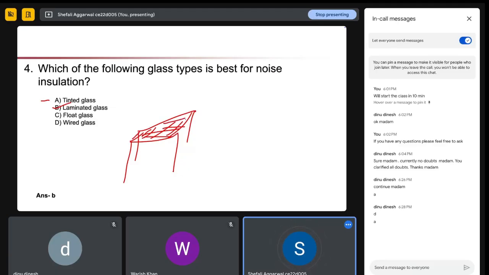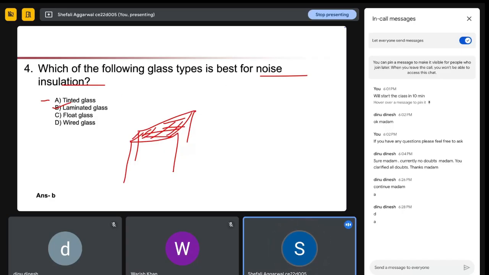Okay, so this sheet can be made of plastic, like in the case of bulletproof glass. It can be made of air, like low E glass, or if we talk about noise insulation, it can be of sponge or thermocol type material, not exactly thermocol, for insulation.